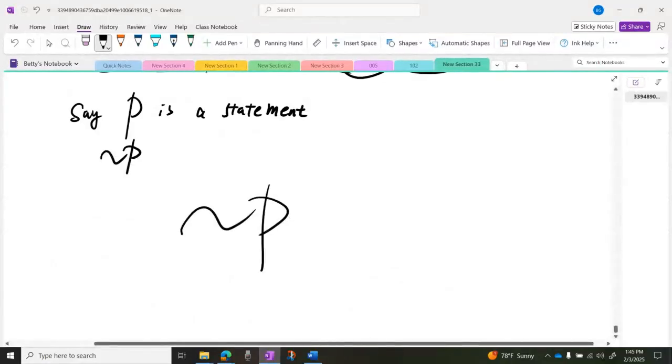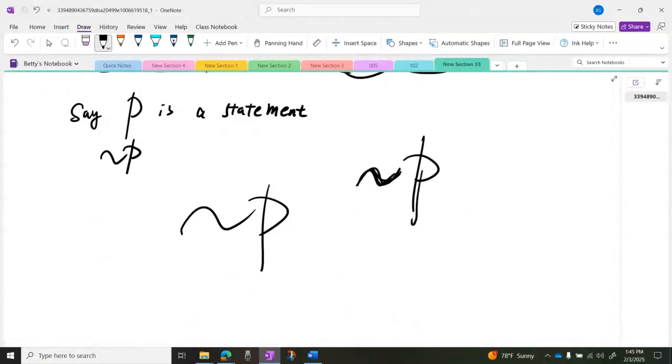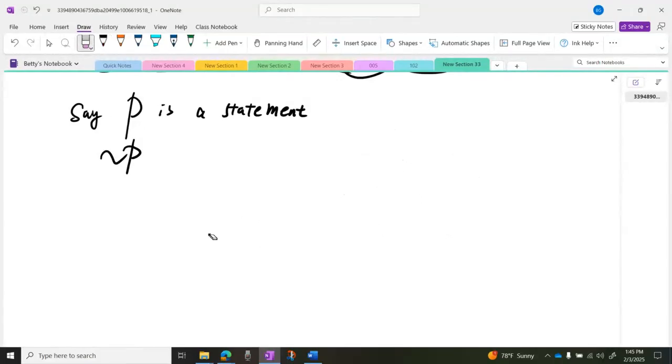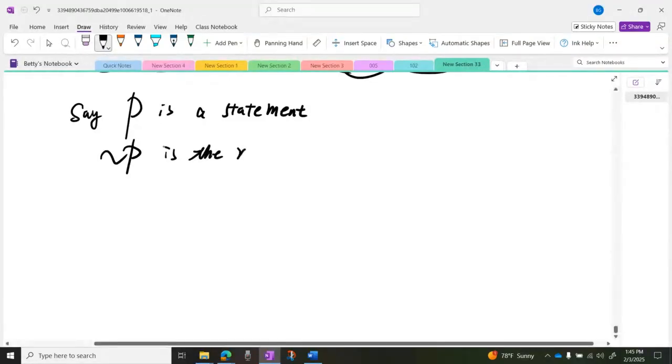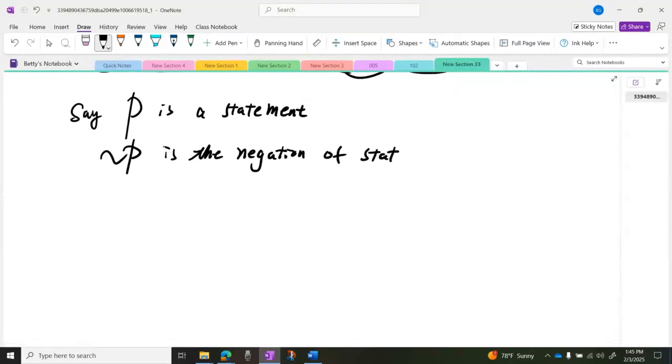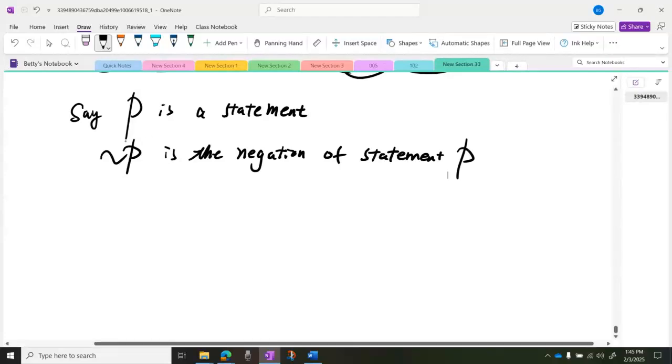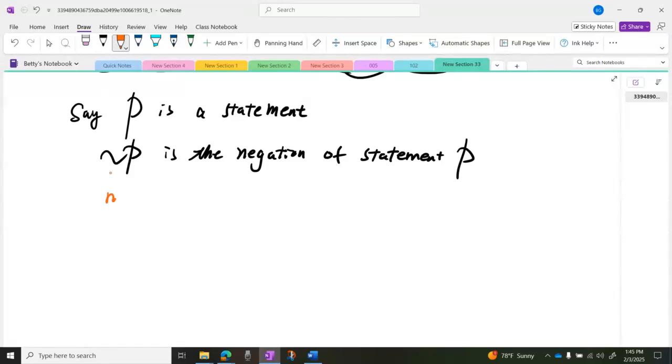This notation, not P, a wave in front of P, also represents a statement, and it is the negation of statement P. The negation of statement P is denoted as a wave P. You can call this not P.